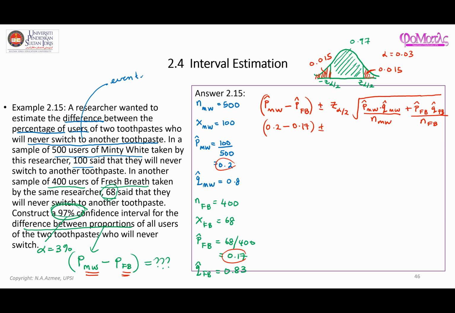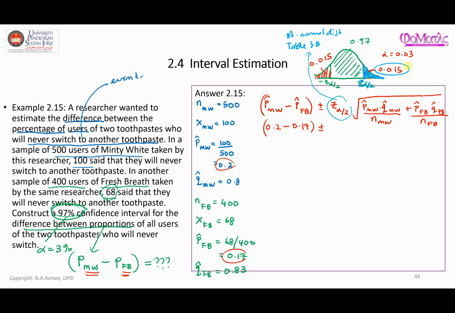Okay, now plus minus. Now we need to find the value of z alpha over 2 here. To find this value, you can refer to the standard normal distribution table, and in particular, I refer to table 3b because I think that's easier to refer to. In order to refer to that table, I need to know the area from this point here, z alpha over 2, to the end of this distribution, and I know that the area is 0.015.